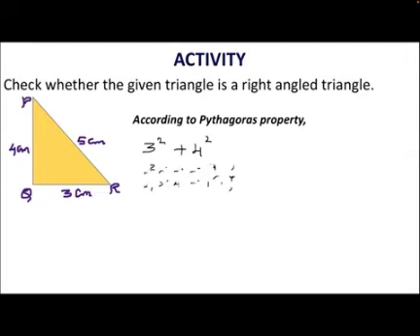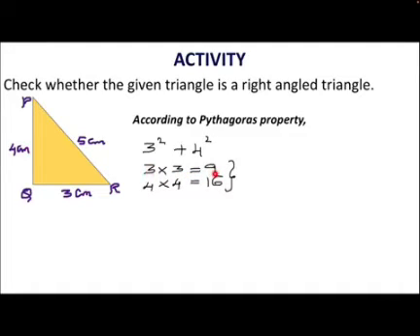Now, 3 squared plus 4 squared is equal to 5 squared. Is it not? That is Pythagoras property. The square on this, that is 5 squared, should be equal to 3 squared plus 4 squared.